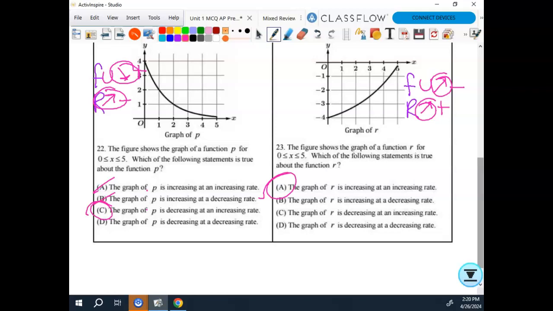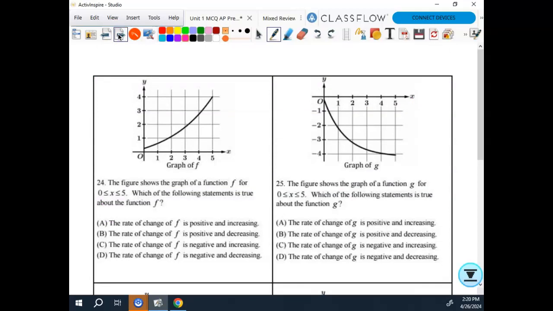So I'm going to give you minutes to do 24. And again, I would highly suggest writing your fun chart and maybe even writing it out for each one of them.